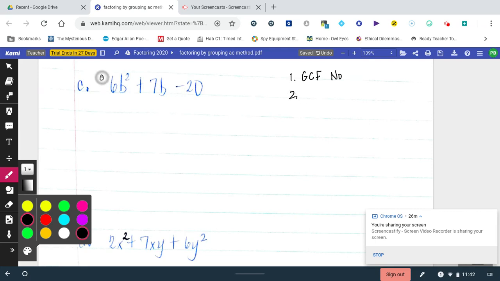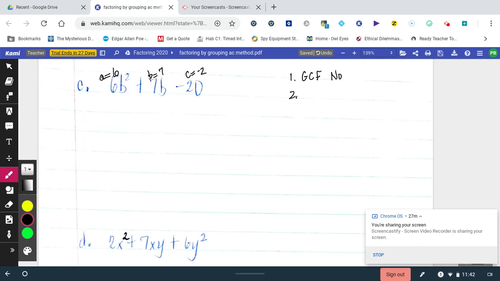All right, I'm going to use the X method. The A times C X method is what I call it. A is 6, B is 7, and C is negative 20. Keep in mind, we're going to do A times C in the top of the X and B in the bottom. So what is A times C? 6 times negative 20 is negative 120.